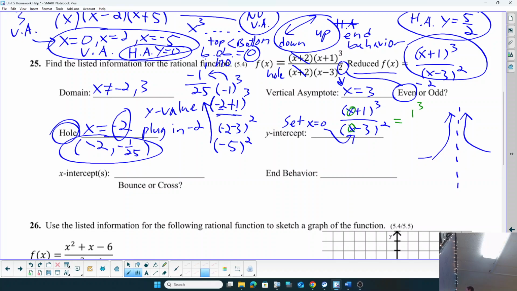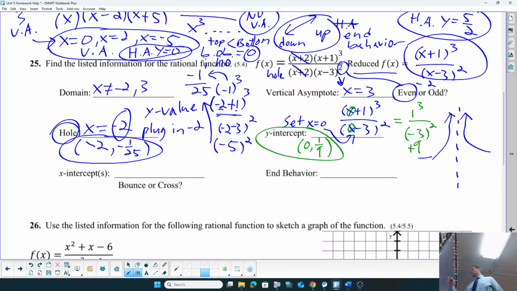So we're left with 1 to the third power over negative 3 all squared, which is a positive 9, so 1 over 9. Because negative times a negative is a positive. So our y-intercept is 0, 1/9.